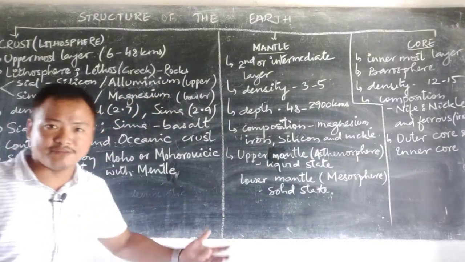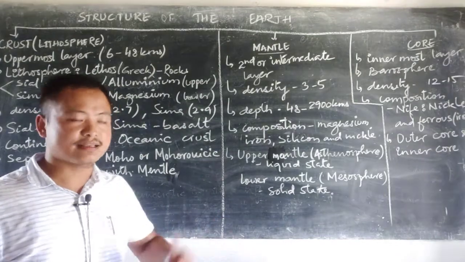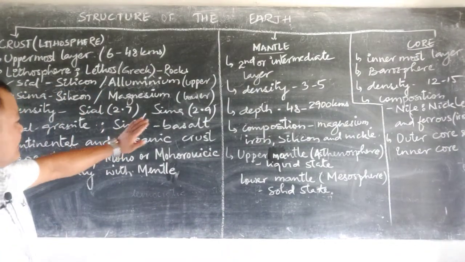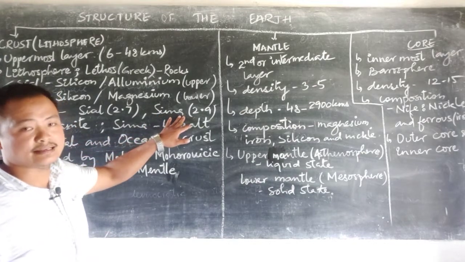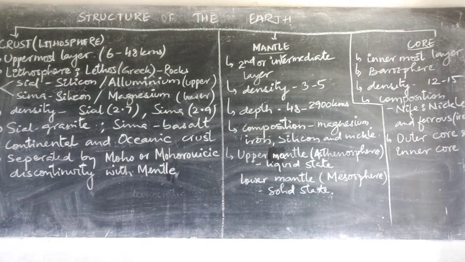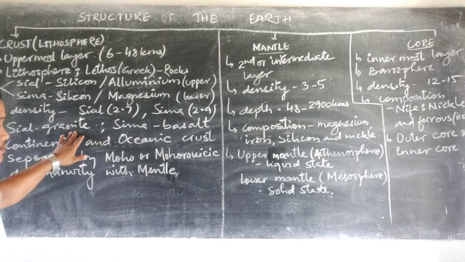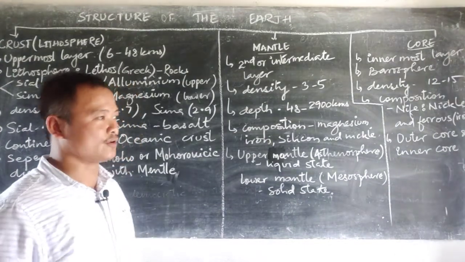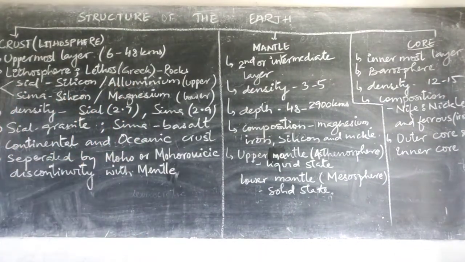It's a little heavier material and hence it is located at the lower portion of the crust. Its density is also a little higher as compared to Sial. Its density is 2.9 to 3. The Sial is mostly composed of granite rocks, while Sima, since it is deep inside the Earth's crust, is mostly made up of basaltic rocks, which are of mostly volcanic origin.